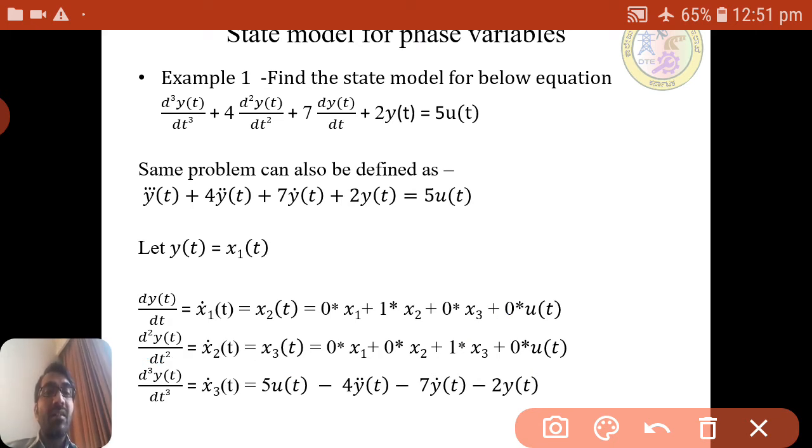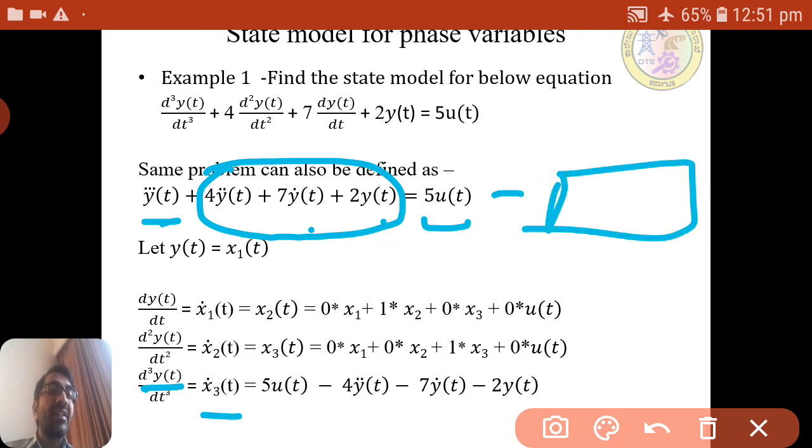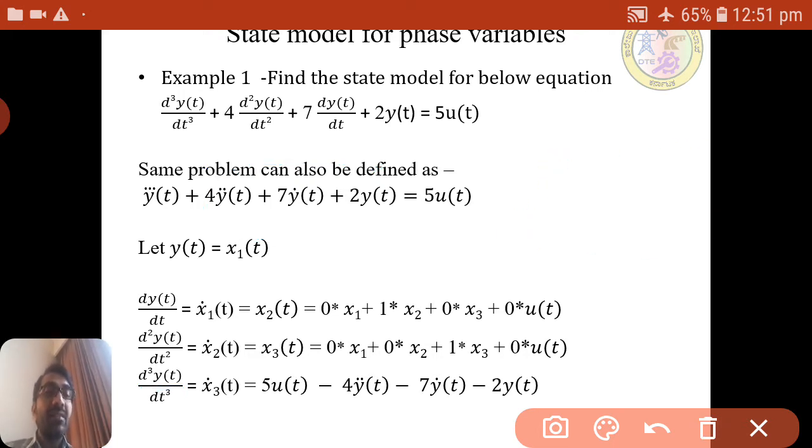And similarly, for the third derivative d cube y of t by dt cube, that will be expressed as x3 dot of t, which is 5 u(t) minus these three terms: the second derivative, the first derivative and the constant term. So it is 5 u of t minus 4 times the second derivative of y of t, minus 7 times the first derivative, minus 2 y of t.